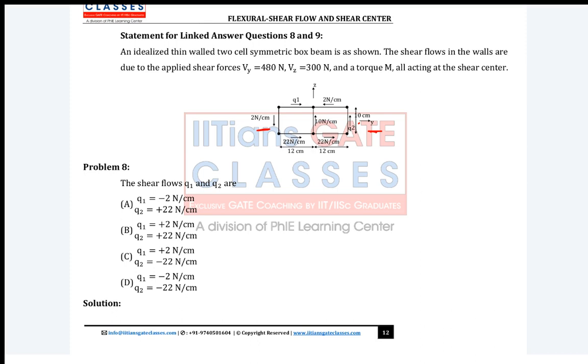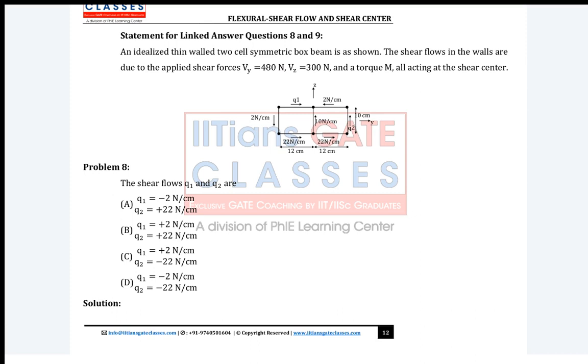A vertical shear flow will not give any force in the horizontal direction. Why? Because if you multiply qs into ds, my direction will be downward, not horizontal. So horizontal forces are what?